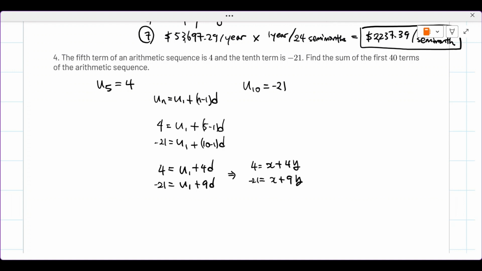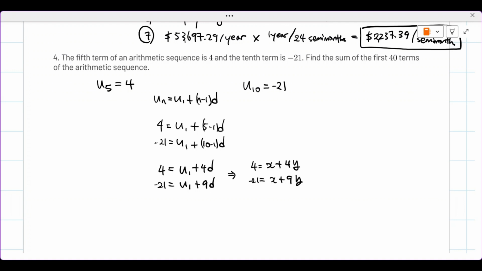Because we learned about using a graphing calculator to solve systems of equations, I'm going to put my equations into the graphing calculator and find the point of intersection.